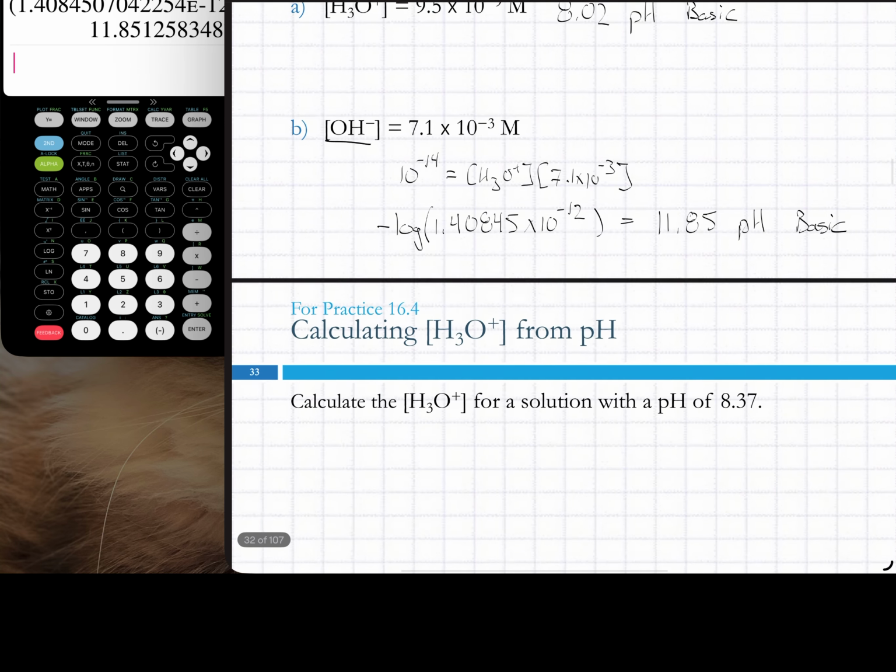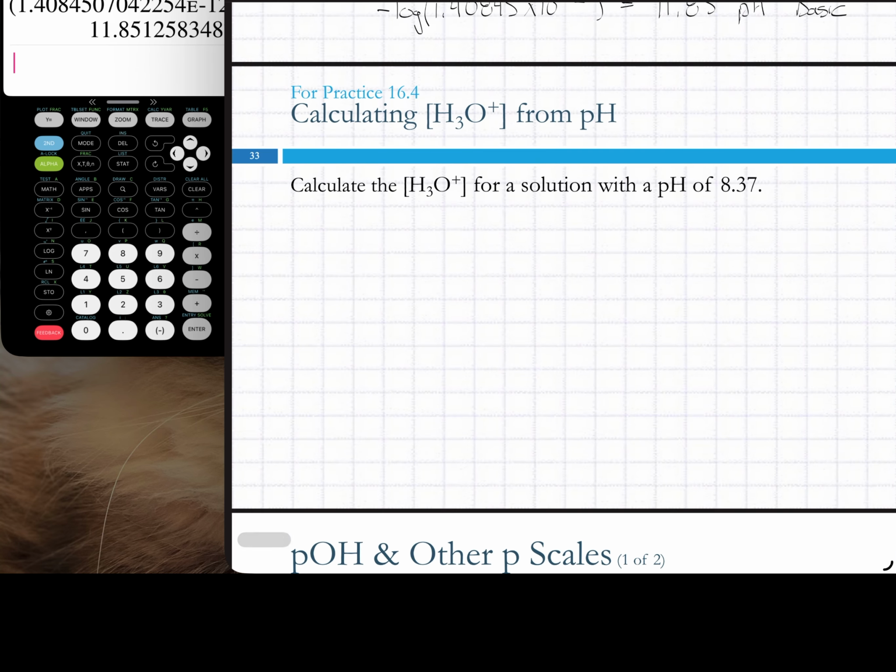All right. Yes, going backwards. Actually, we've done some stuff with logs in this class already. So the inverse of a log: the negative log of H3O plus equals pH.